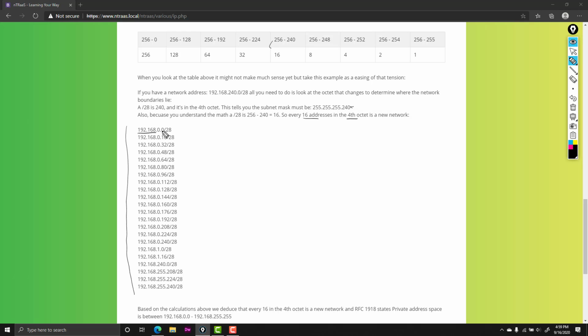You'll see here 192.168.0.0, 0.16, 32, 48, 64, 80, 96, 112, 128, all the way down to 1.0, 1.16, to 240.0, all the way to 255.240. These are all the potential networks you can have, and then some, because I have 256 possibilities in the 3rd octet for my subnet, plus, of course, all of the networks in the 4th octet.